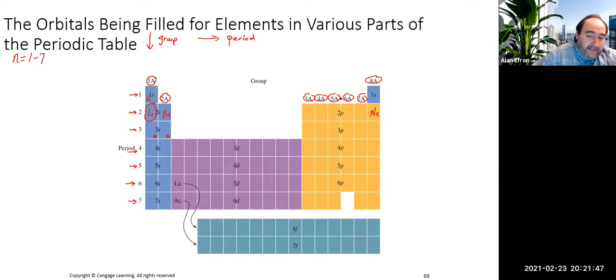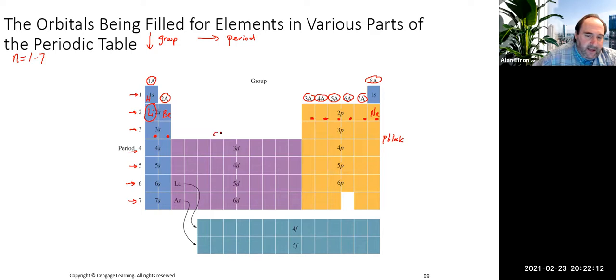Group 3 to 8, the yellowish color here on the screen, is what is sometimes referred to as the P block over here. P subshell can hold 6 electrons. That's P1, P2, P3, P4, P5, and P6 going that way.